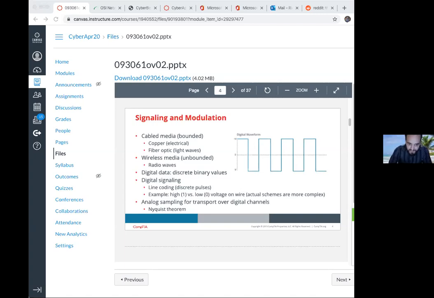These pulses could be high or low voltages, or they could be on and off transmissions. This is going to represent the zeros or ones, the binary data. This makes transmission less susceptible to interference, and it's easier to regenerate these over large distances.